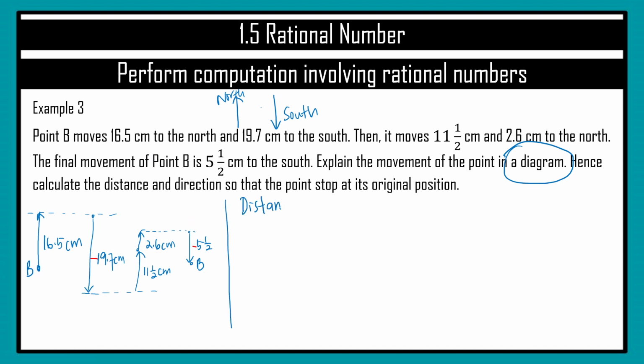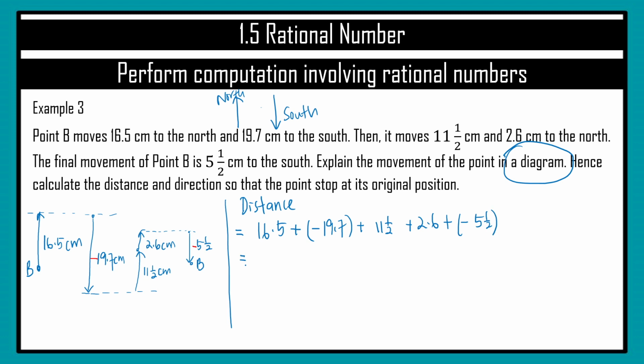So the total is 16.5 plus negative 19.7 plus 11.5 plus 2.6 plus negative 5.5.